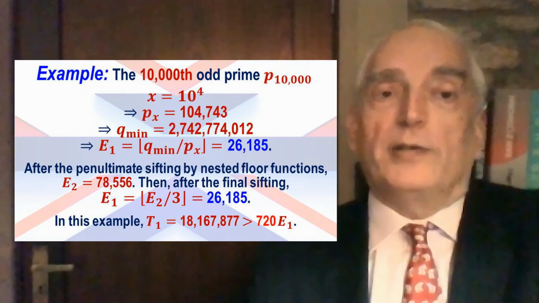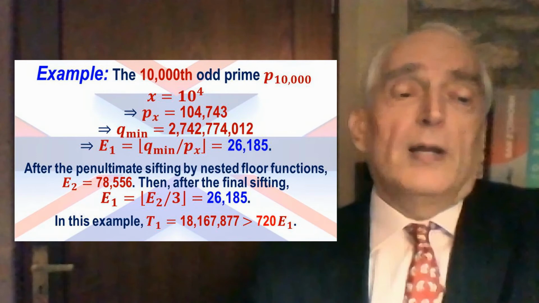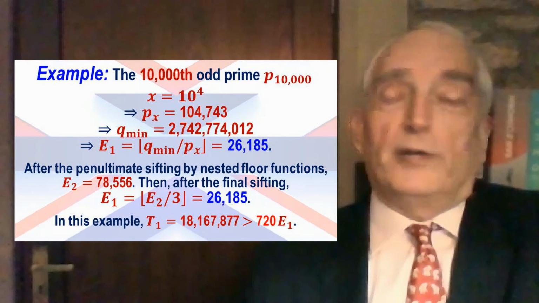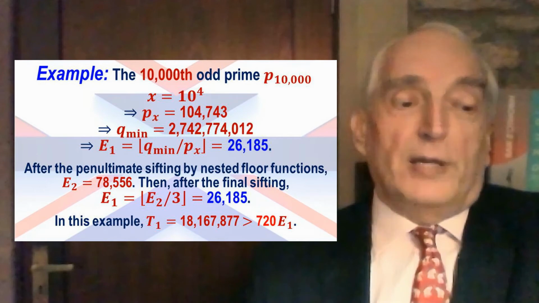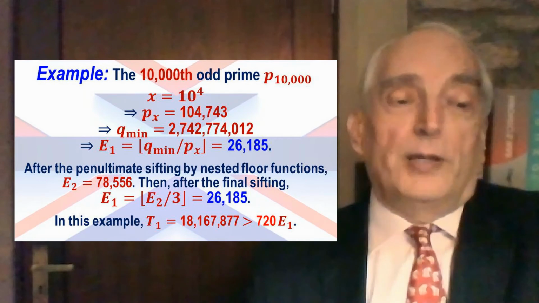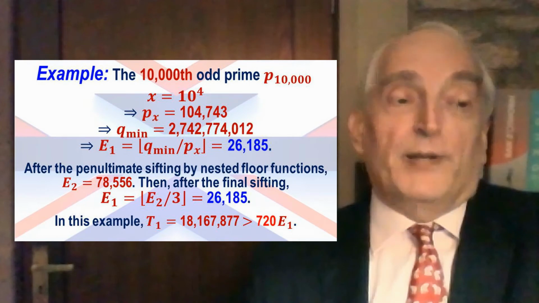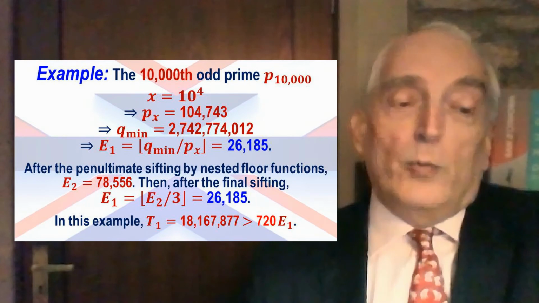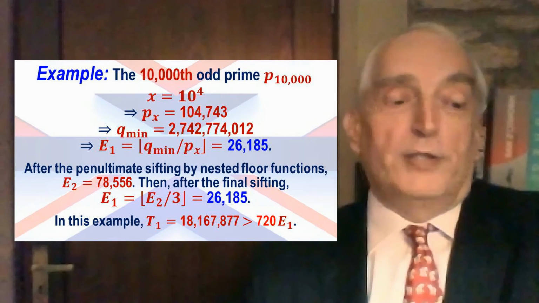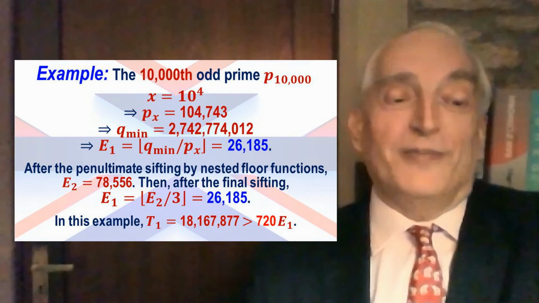But let's take a worked example numerically. Let's take, just arbitrarily, the 10,000th odd prime. So Px, the 10,000th odd prime, is 104,743. Then the minimum value of Q, as you'll see, is 2.7 billion plus. And E1 is Q min divided by Px, which here comes out to 26,185.